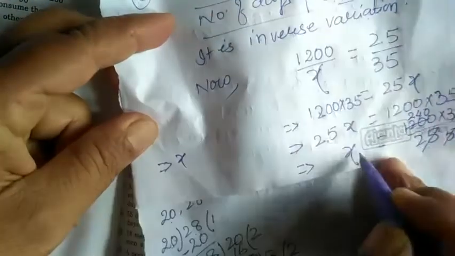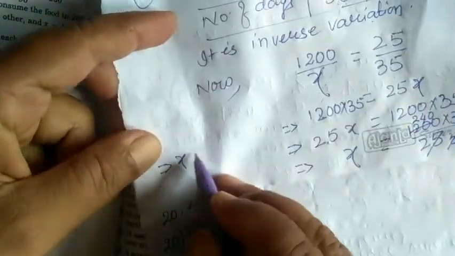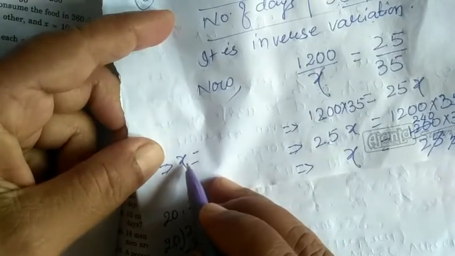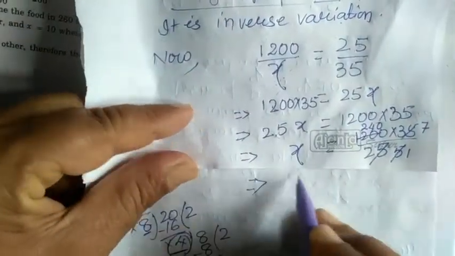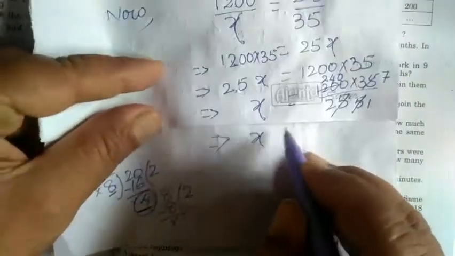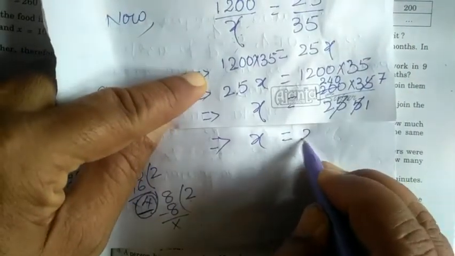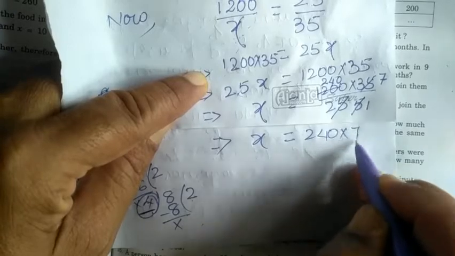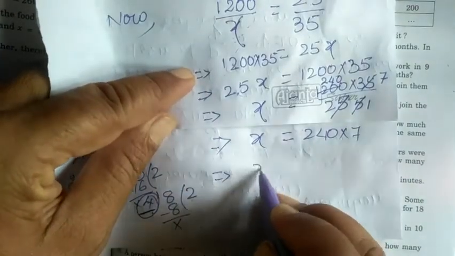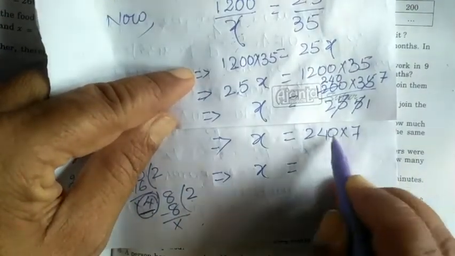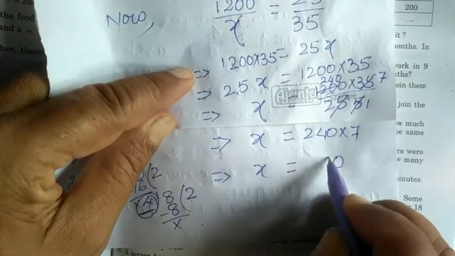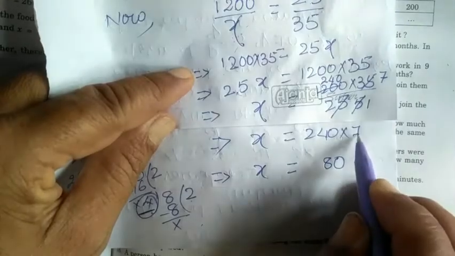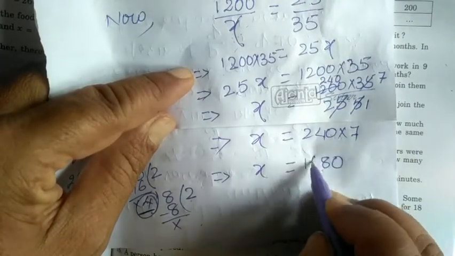Implies x equal to, there is no space on this page, so let me solve it on another page. x equal to how much? 240 multiplied by 7 implies x equal to how much here? 4 zeros are 0, 4 sevens are 28, 2 carry, 7 twos are 14 to 16.